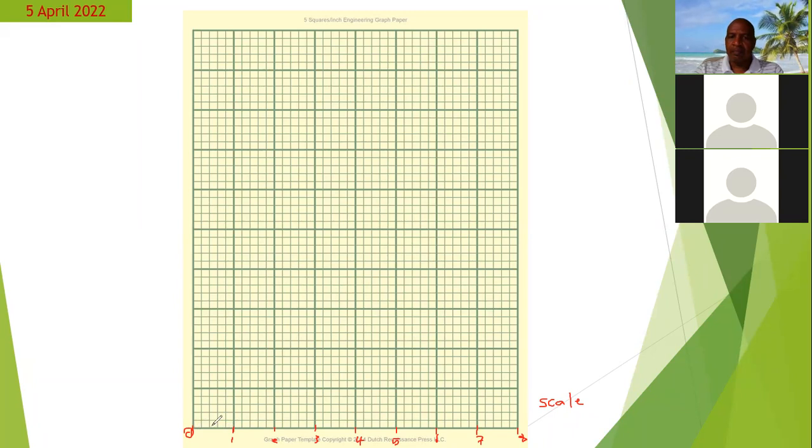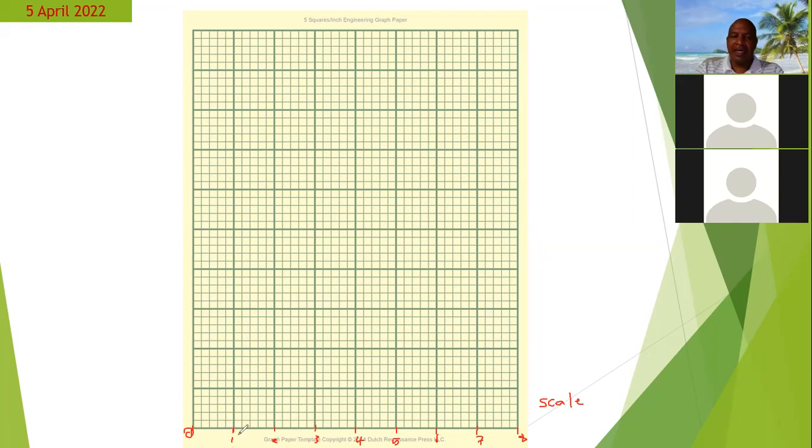10 millimeters, sir. All right, but we know that 10 millimeters equal to what? 1 centimeter. Right. So preferably we are going to refer to these as centimeters. So from 0 to 1, how many centimeters do we have? 1.